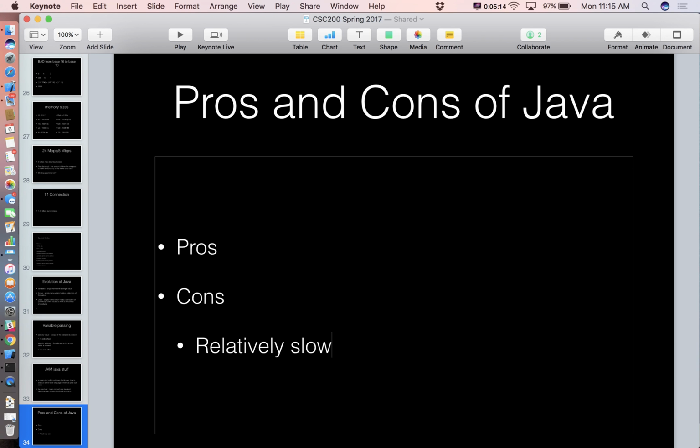Now, again, we're working with this word relatively. When we say something's relatively slow on a computer, most of the time, I'm just picking a number out of the sky, let's say 99% of the time, a human being will not notice.